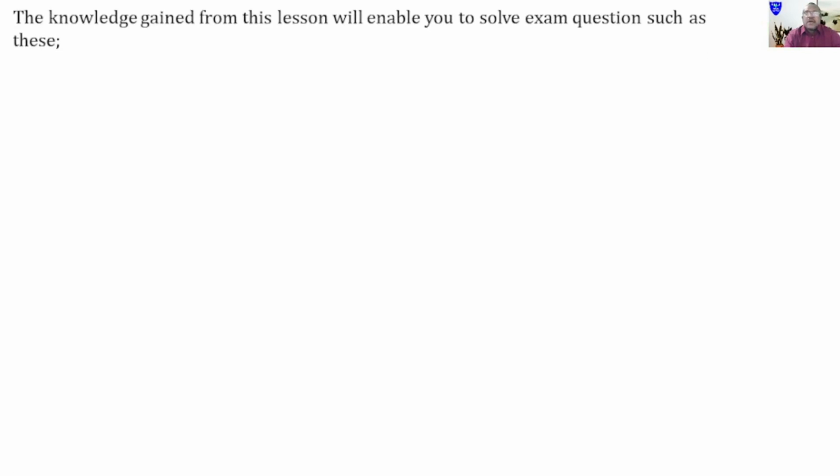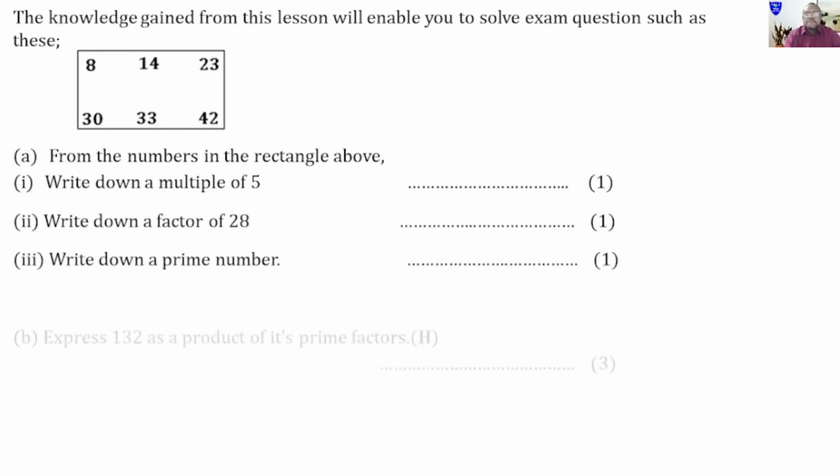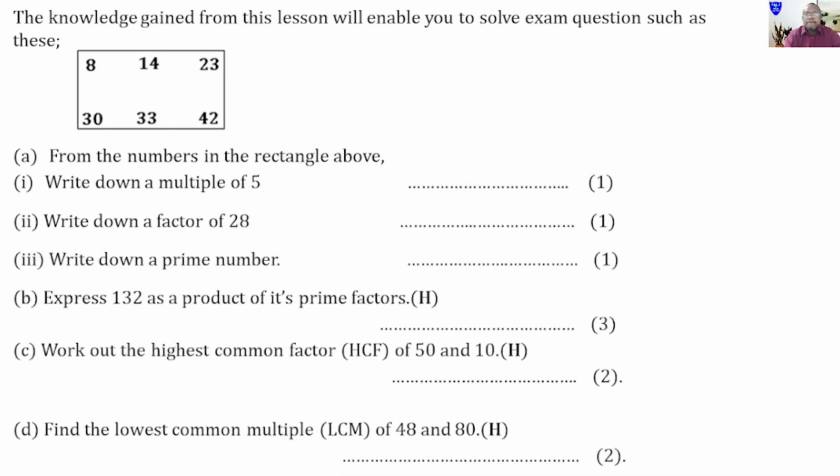Now with this knowledge, guys, you'll be able to solve GCSE exam questions such as these ones. This is just an example of the questions that you might find under this topic. We'll go through all of them after I've finished talking you through the concepts underpinning this topic.